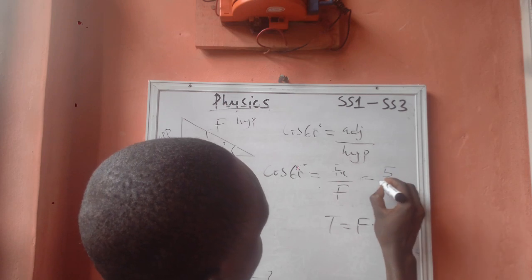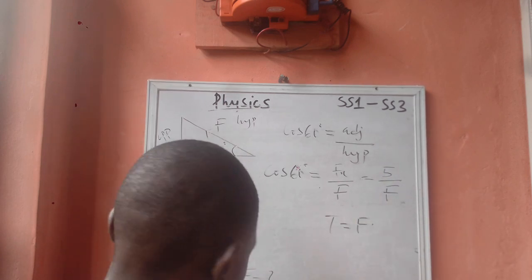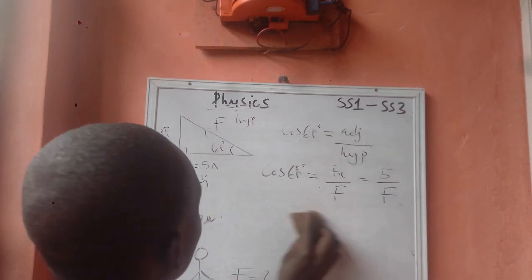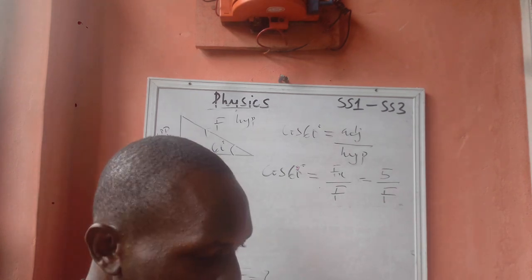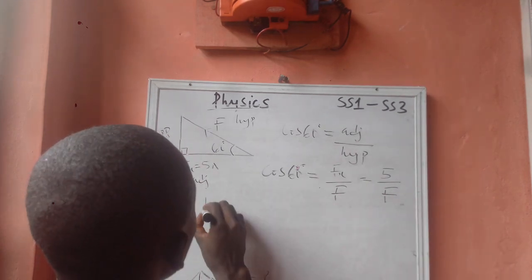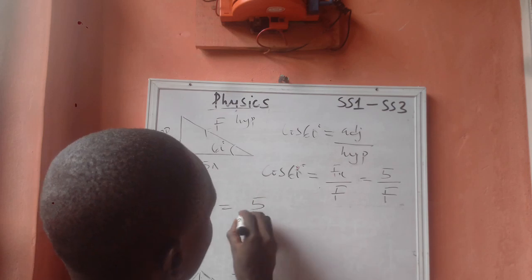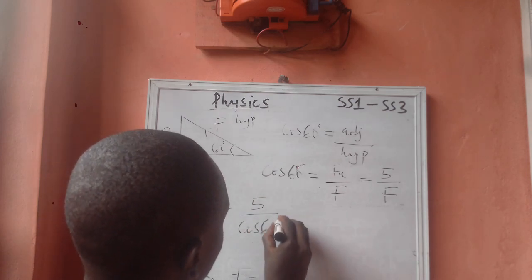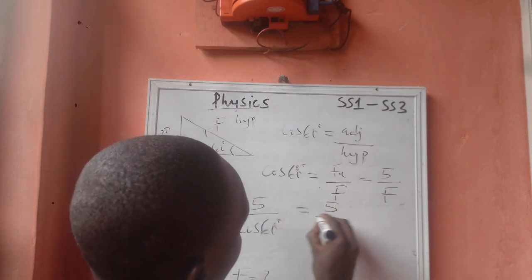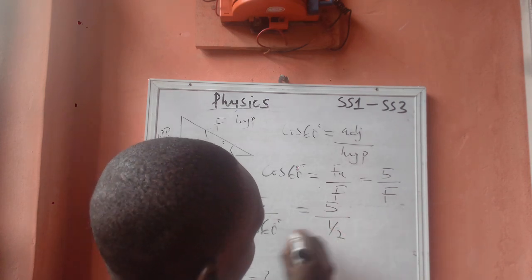That gives 5 Newton divided by F. Now what then is F? Making F the subject of the formula, F equals 5 divided by cos 60 degrees, which is 5 over 1 over 2.